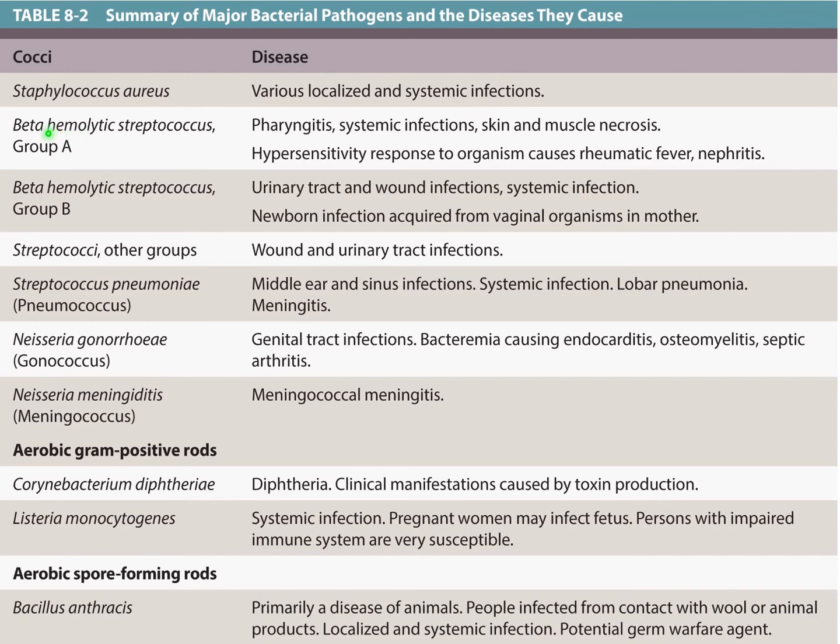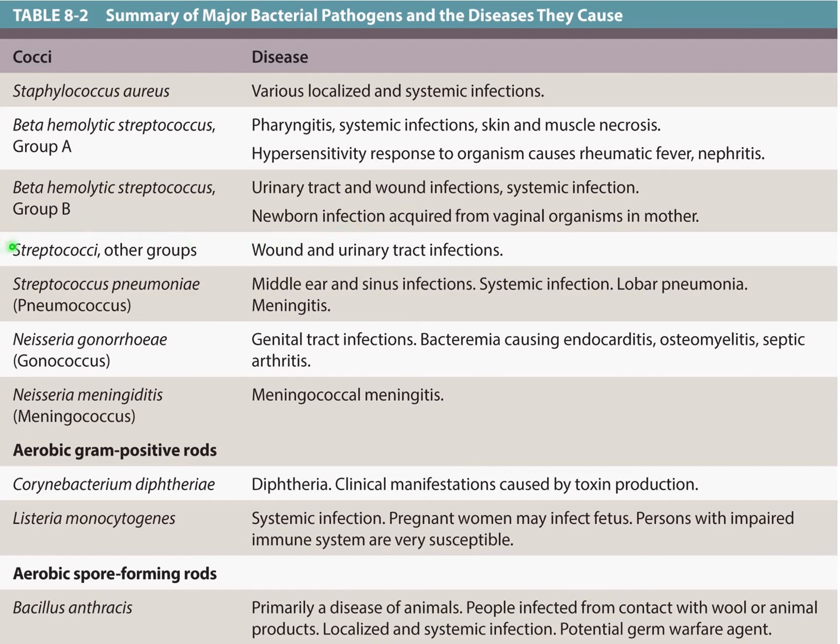The Streptococcus, we have two groups: the beta hemolytic Streptococcus, group A, which is the primary group that causes streptococcal infections in the throat, so pharyngitis, and the beta hemolytic Streptococcus group B that are primarily seen with urinary tract and wound infections and systemic infections and infections in newborns.